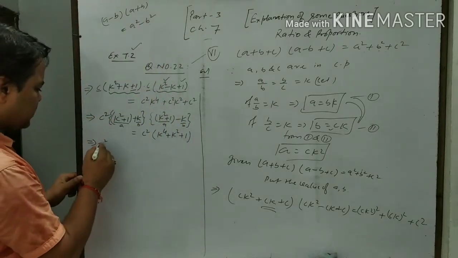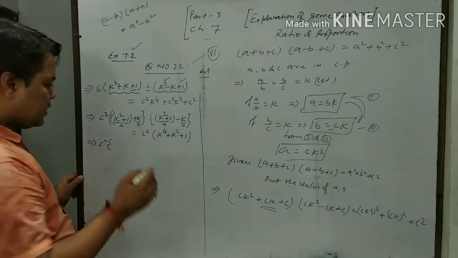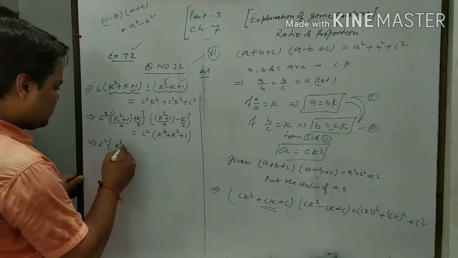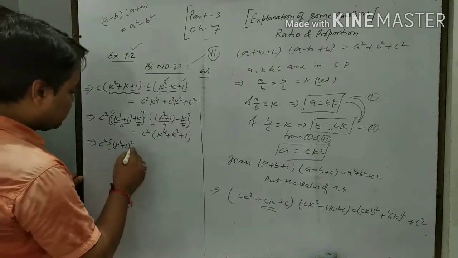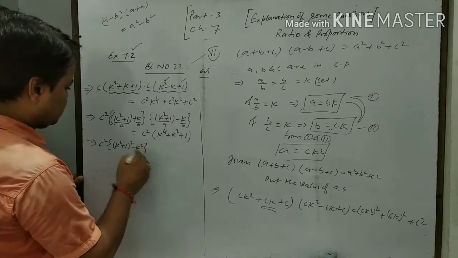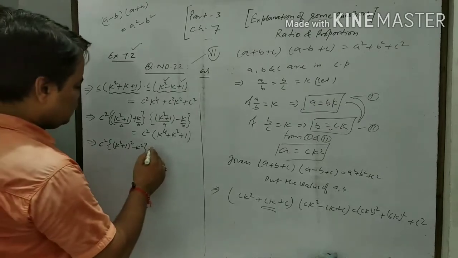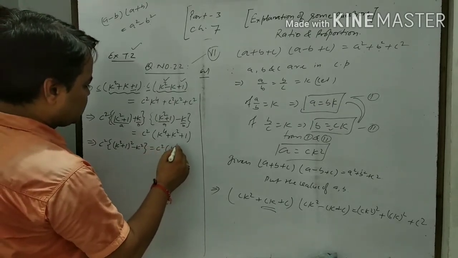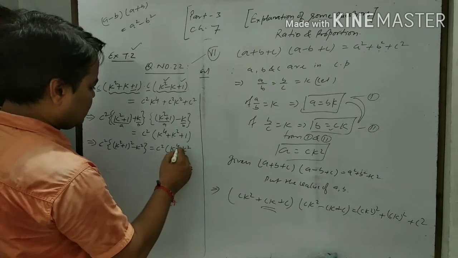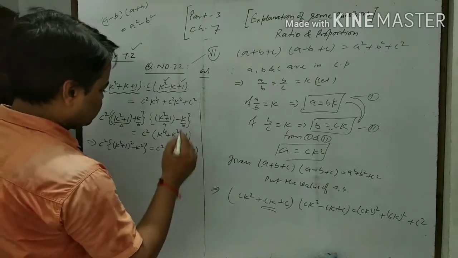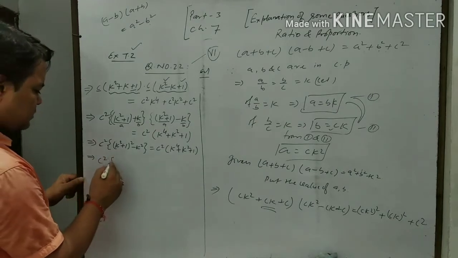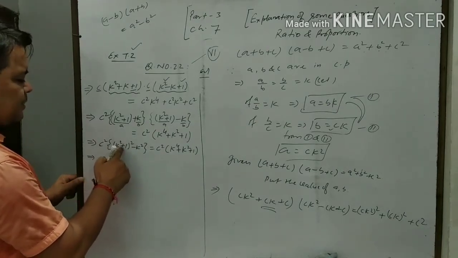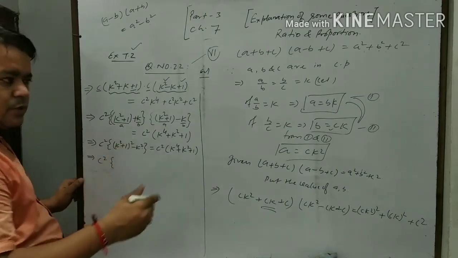So here C square, and a square means K square plus 1 whole square, and a square minus b square means minus K square, equal to C square K raised to the power 4 plus K square plus 1. Again here C square, just expand it: a plus b whole square is a square plus 2ab plus b square.